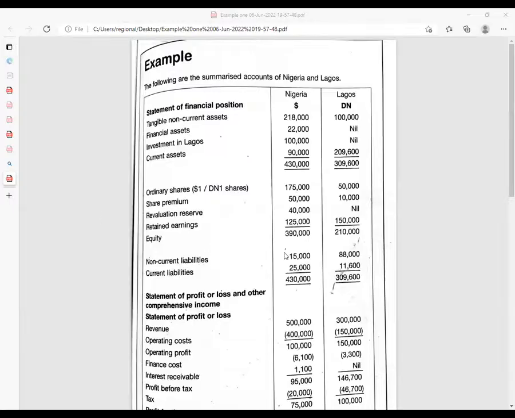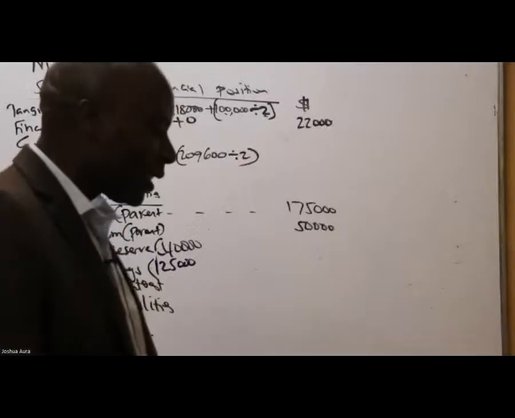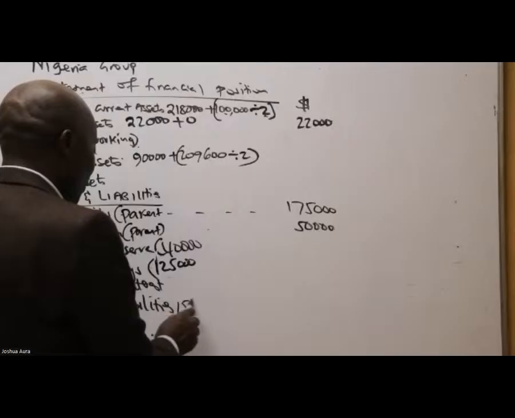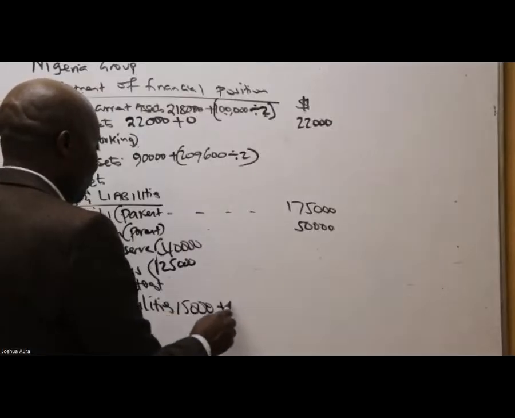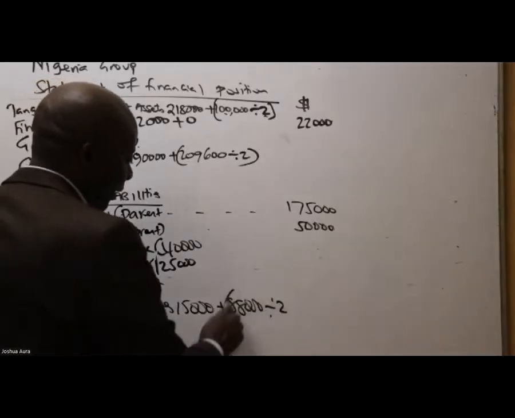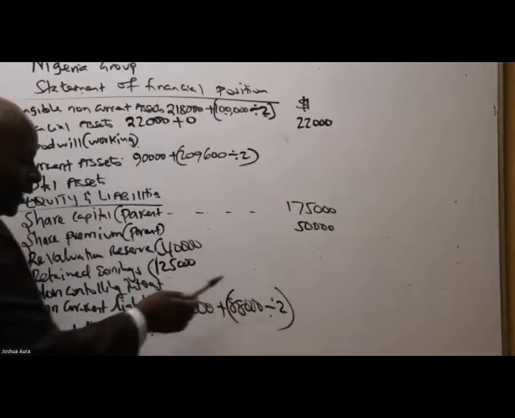I can see 15,000 plus 88,000. But remember, these currencies are different, and we must retranslate the ones of the subsidiary. The 88,000 still falls under assets and liabilities, so it has to be retranslated. So we have 15,000 plus 88,000, but now this has to be divided by 2 like that. And remember, this 2 is only dividing this.